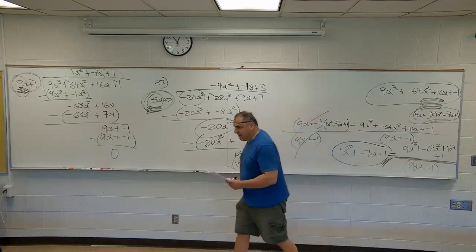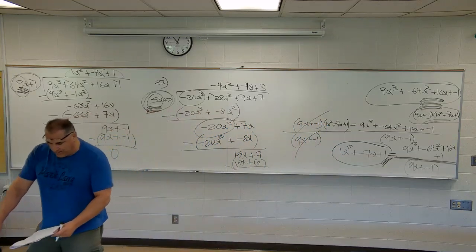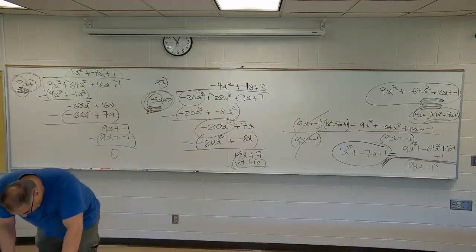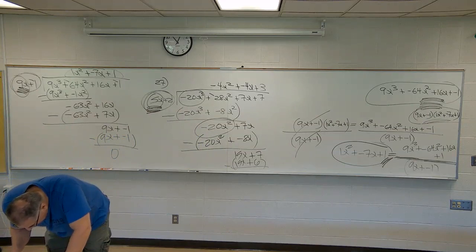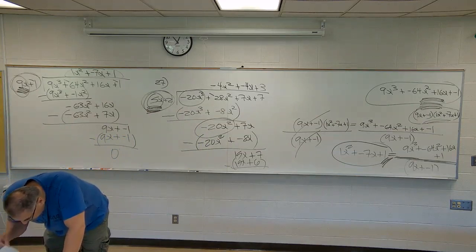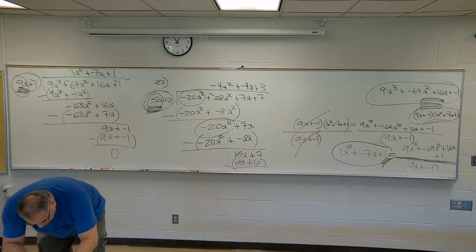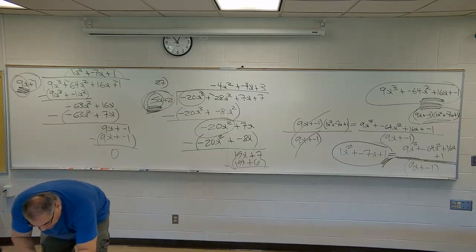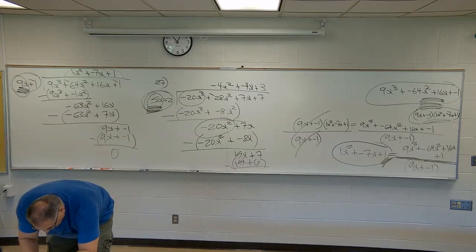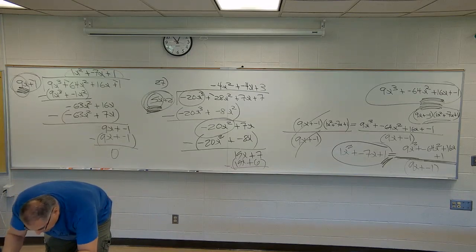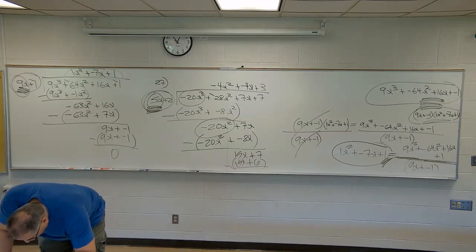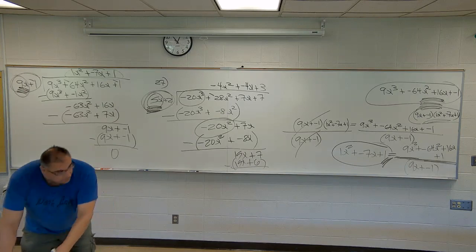Now let's see how they answered it. There's a good way and a bad way to answer this. Well, it's debatable how you want to answer this, but the remainder is 1.